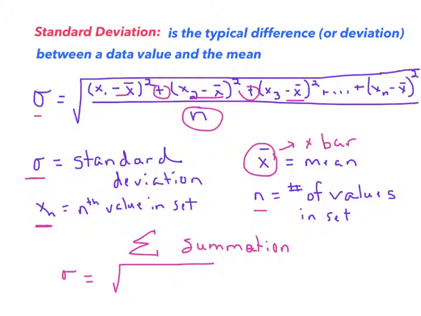We use the little summation symbol to say that we are adding, and we take each of the data points, subtract the mean of the sample, square it, and divide that by n. And that is a shorter version of the formula.